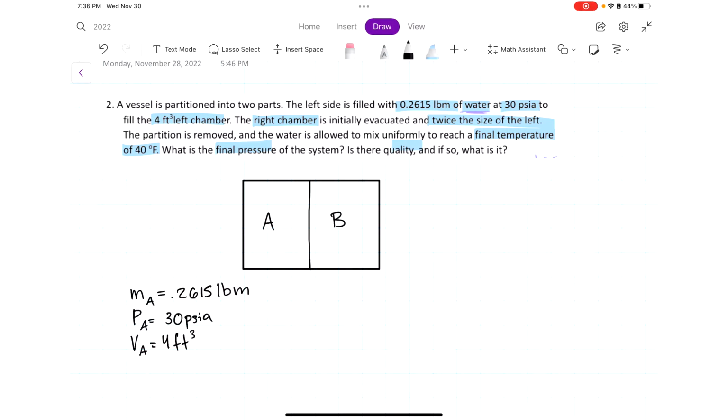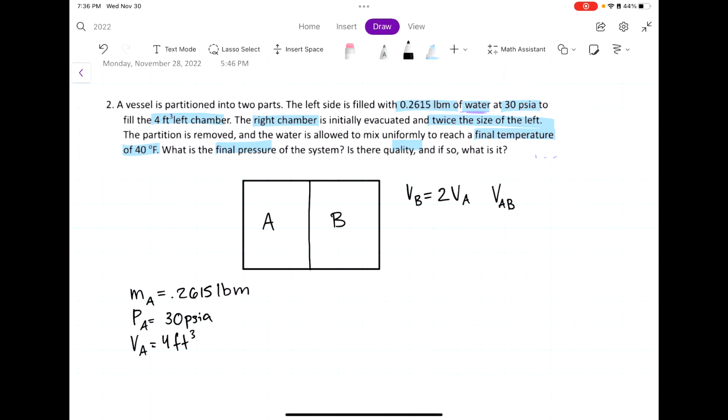We know that the chamber on the right is initially evacuated and twice the size of the left, and then the partition is removed. So the volume of B is 2 times the volume of A, and then the volume of AB, so chamber A plus chamber B, right?